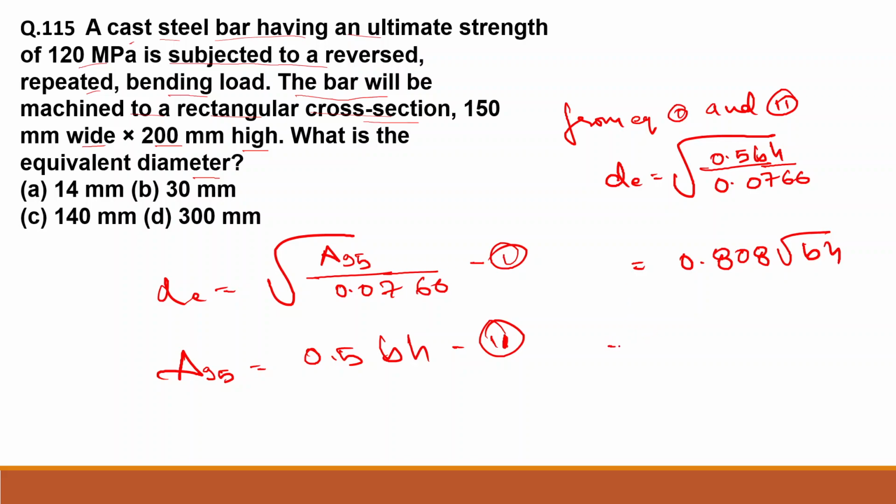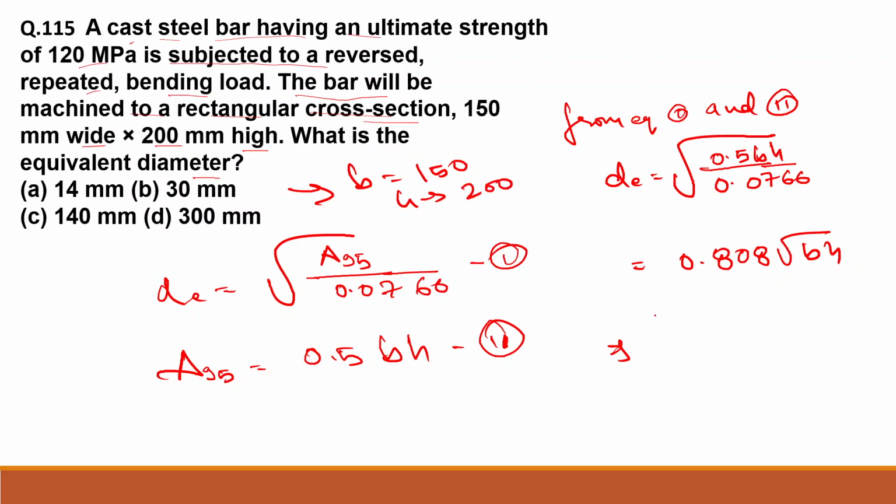By solving this, B is given here as 150, and H is given here as 200, the height.